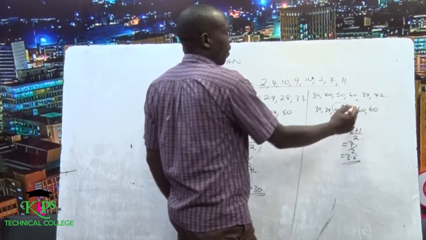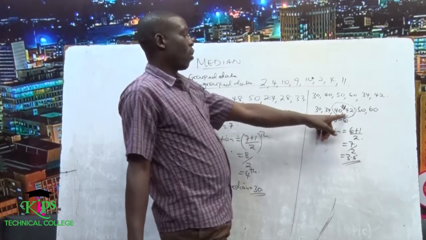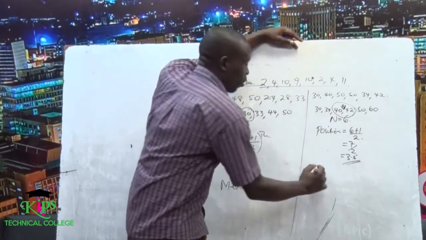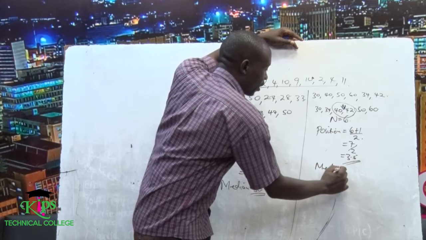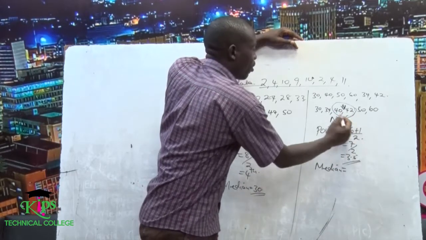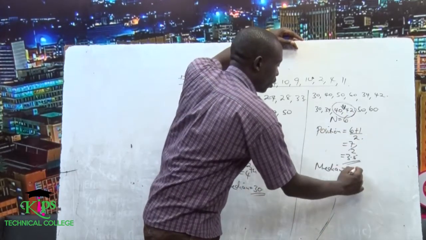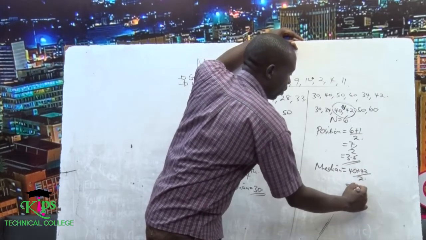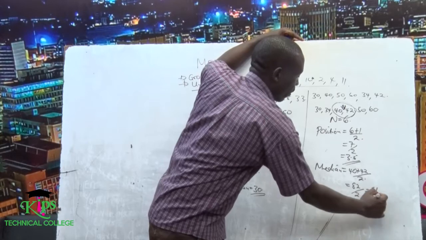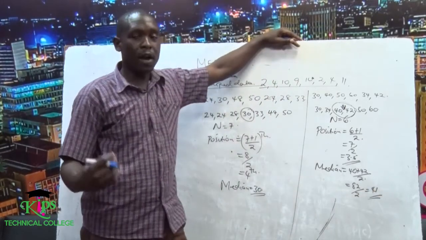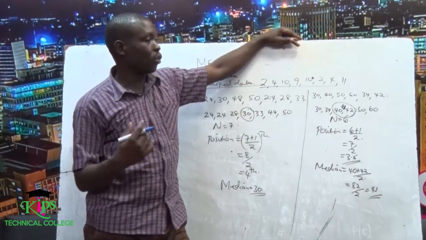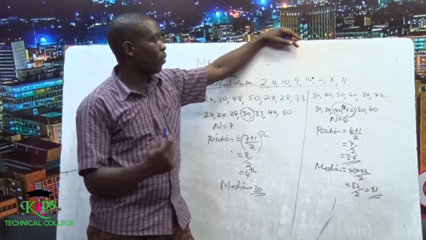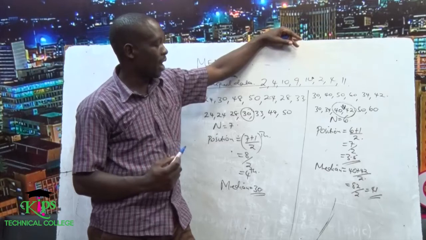Thus the median is the average of the two values within which it lies: 40 plus 42 over 2, which is 82 over 2, which is 41. So if we have an even set of distribution, the median is the average of the two values within which the median lies.